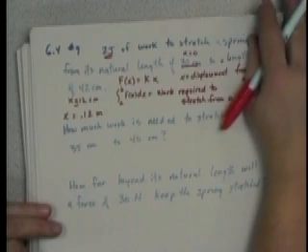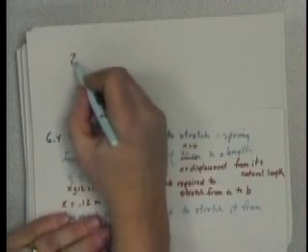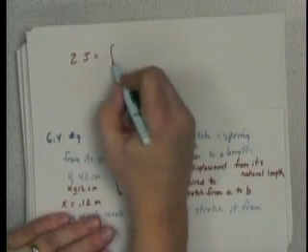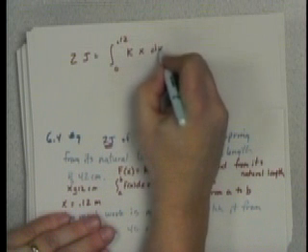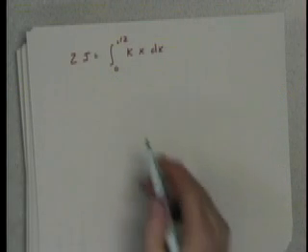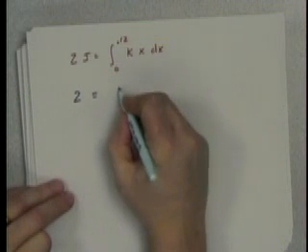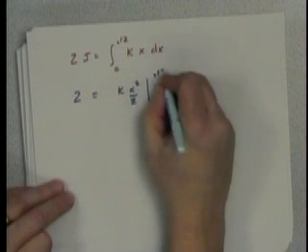Okay? So from this first statement, I know that 2 joules should equal the integral from 0 to 0.12 of kx dx. And then I use the J there, that's units. So for a second I'm going to step this off to the side. So 2 is going to be equal to kx squared over 2, evaluated from 0 to 0.12.